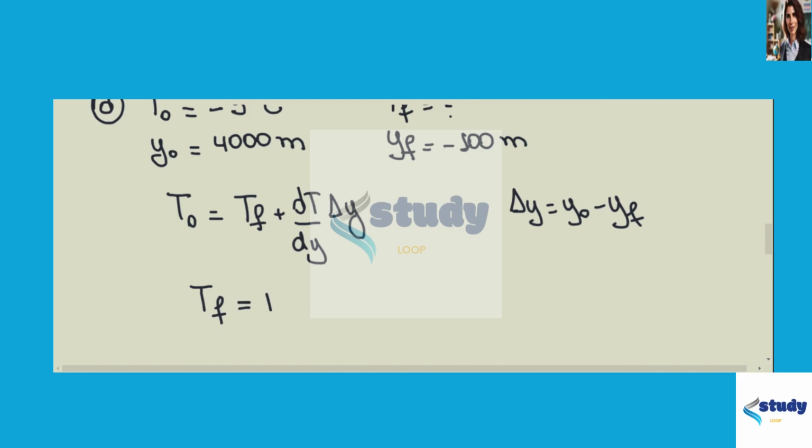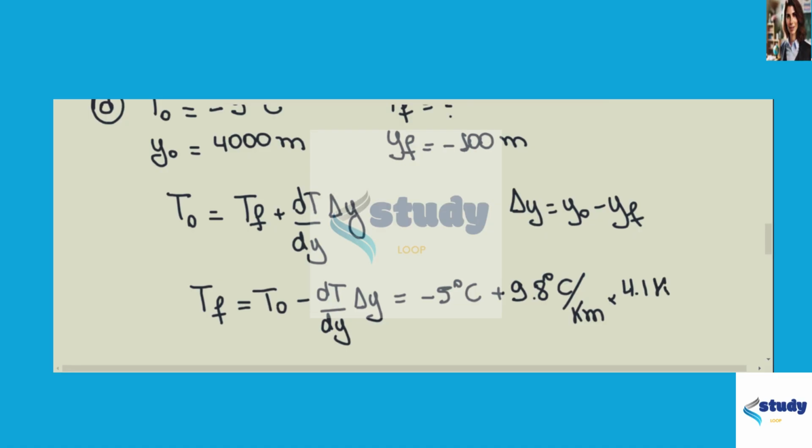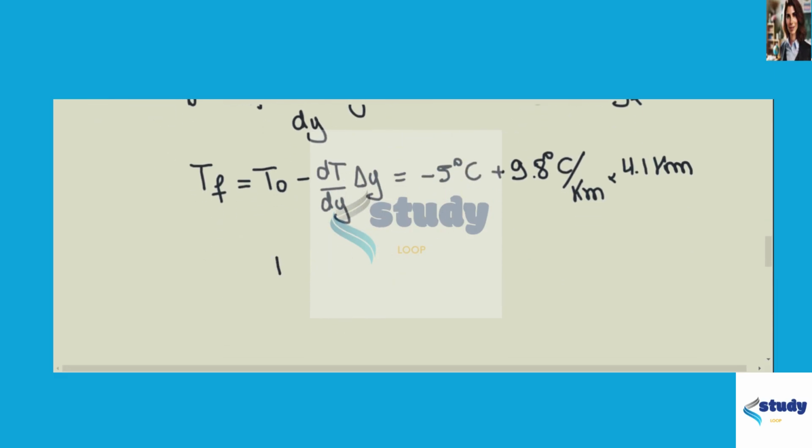So we have Tf is equal to T0 minus dT dy delta y. T0 is minus 5 degrees Celsius, minus dT dy is plus 9.8 Celsius per kilometer, times 4,100 meters, that's 4.1 kilometers. So Tf is equal to 35 degrees Celsius, which is the answer to our exercise.